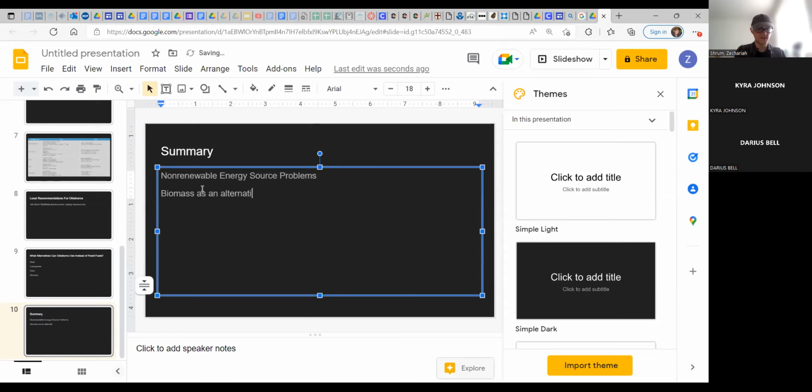Alternative. Other alternatives. Oklahoma recommendation. And that's it. Okay. So that's a very basic outline of a presentation.